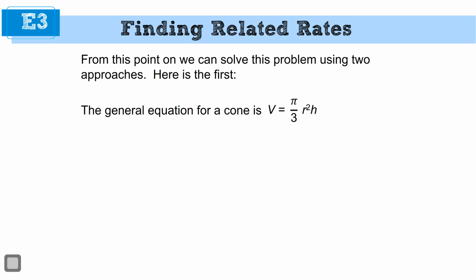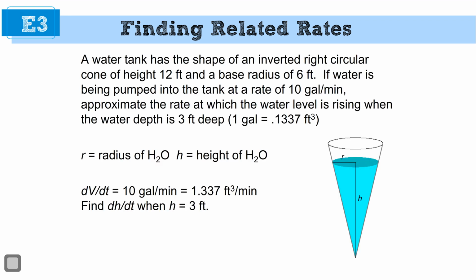So my next step is to take the derivative of that. What do you notice about the right side of that equation when I take the derivative? There's a product rule. You'll also notice that when I take that derivative with the product rule, I'm going to get an R and a dr dt. But if I go back, I don't know anything about dr dt.